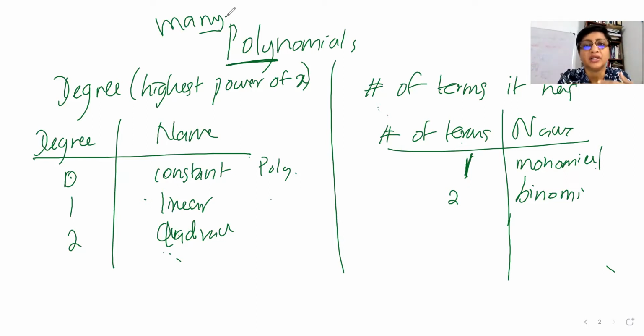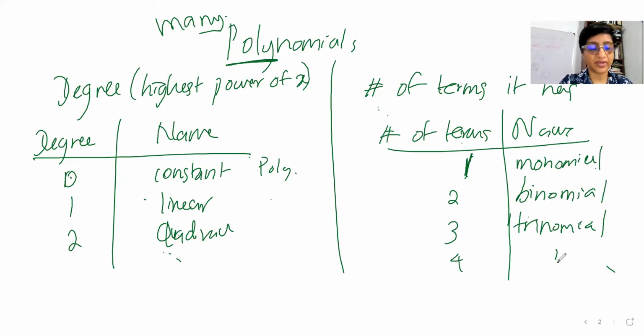You can have one term in your polynomial, or 2 terms, 3 terms, 4 terms. If you have 2 terms, binomial. If you have 3 terms, trinomial. If you have 4, I don't think we have a name after that. I'm not sure, okay?